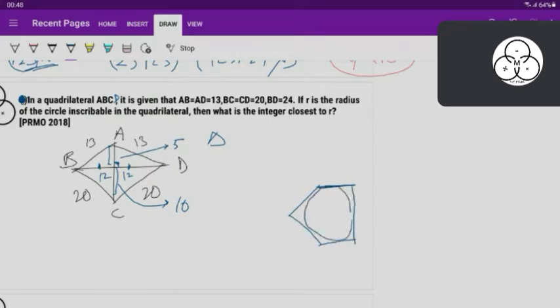Say this is the inscribable circle. Now from the center of the circle, if we draw perpendiculars, since this is a tangent, this will be perpendicular. So what will be the area? This will be the area of this part of the pentagon.